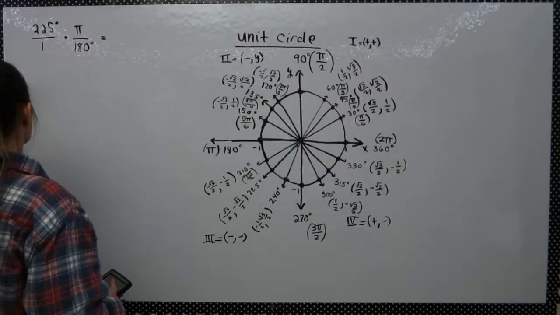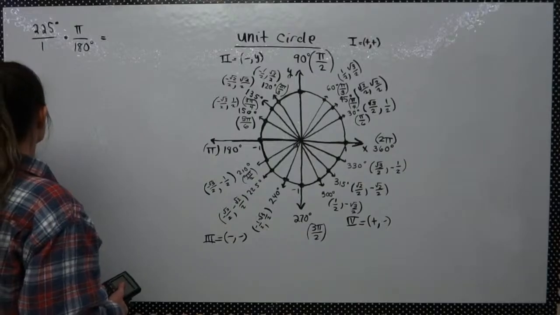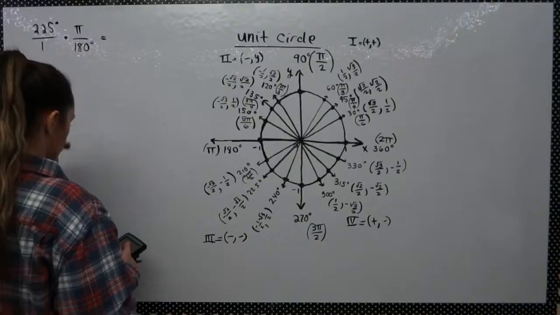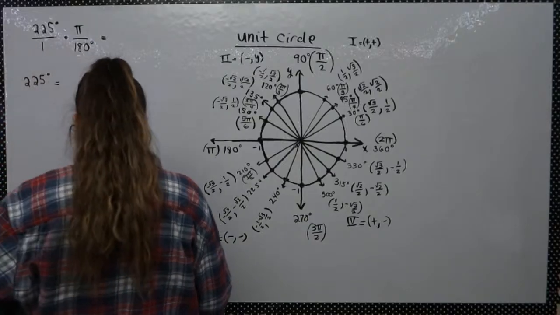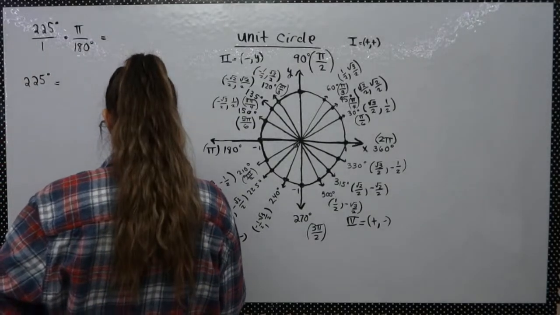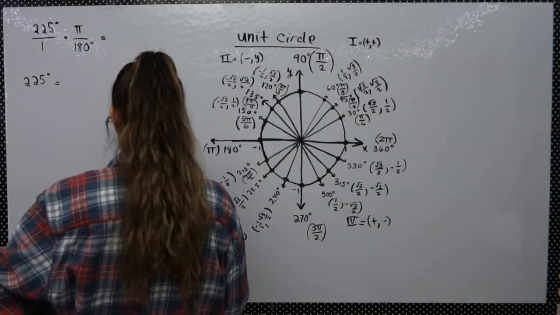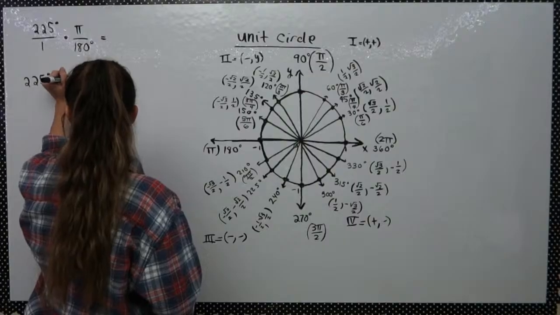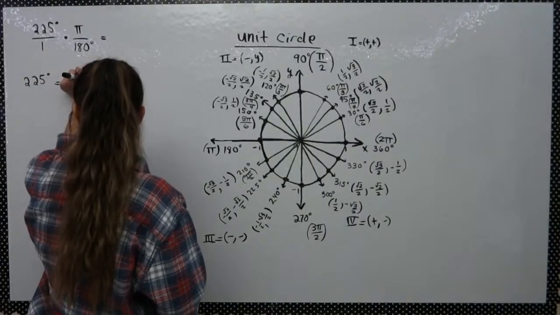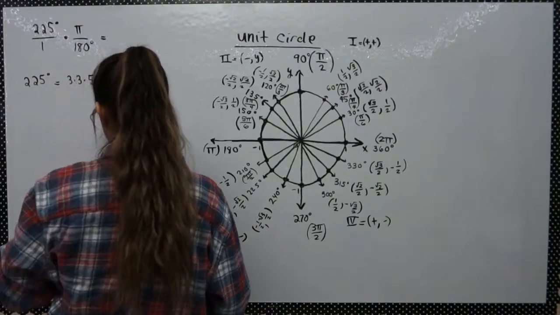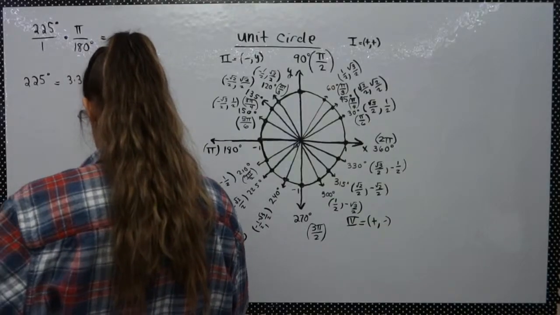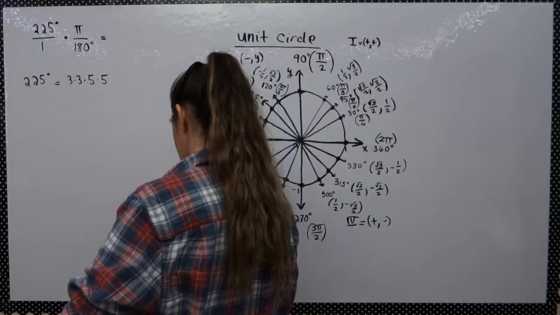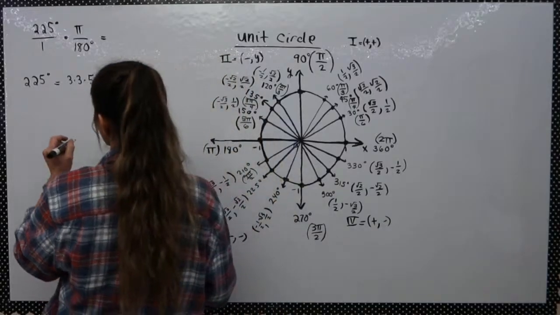And we'll start with the prime factorization of 225. It ends in 5, so I know that it divides by 5. So that's 225, that's 45. So that's going to be 3 times 3 times 5 times 5. I think that's 225. Yeah. And then we'll do the same thing for 180.